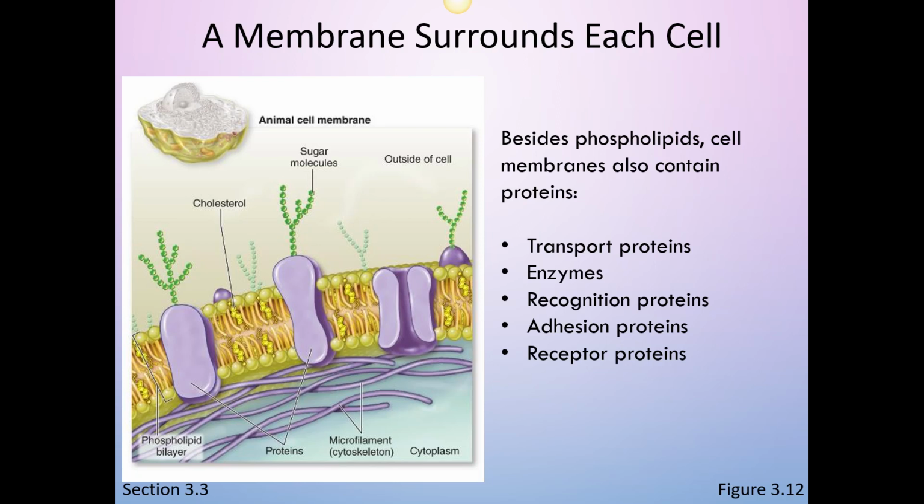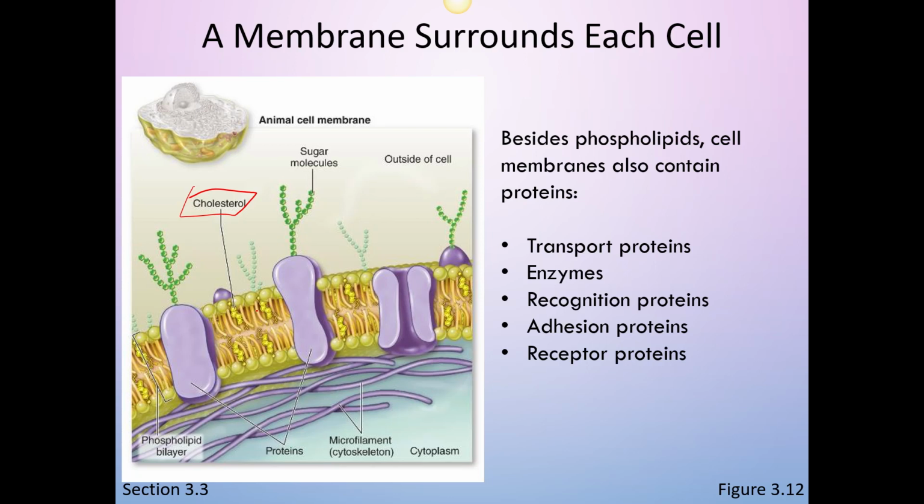Now we'll go through a list of some of the things that you'll find inside of a membrane. First of all, cholesterol. We learned about cholesterol in last week's lecture, but here you have a molecule of cholesterol. Cholesterol has 4 rings, and it wedges itself right in the membrane. If you have too much cholesterol, the cell membrane becomes very rigid, which makes it prone to lysis or rupturing.